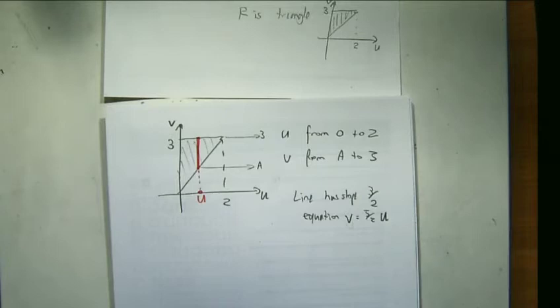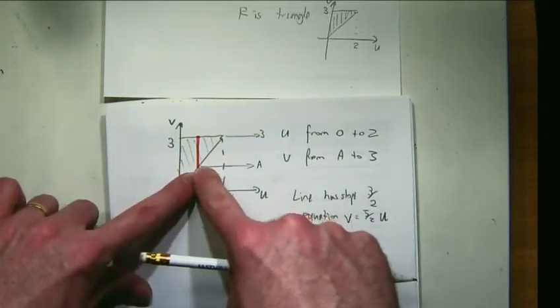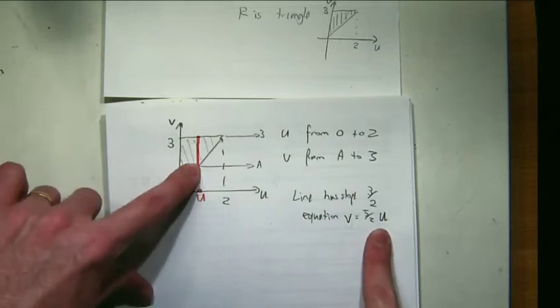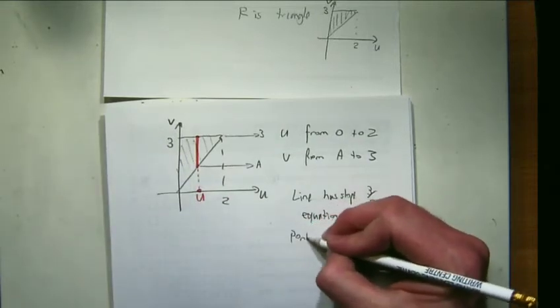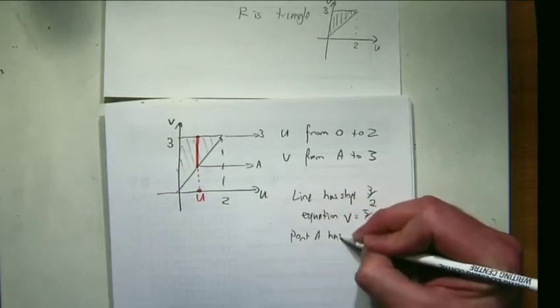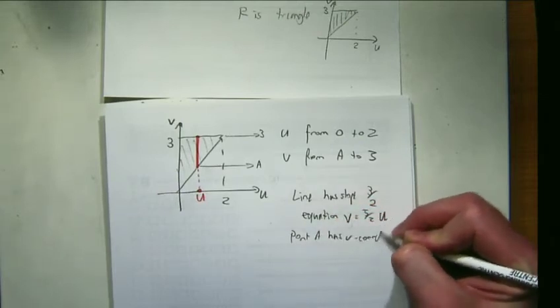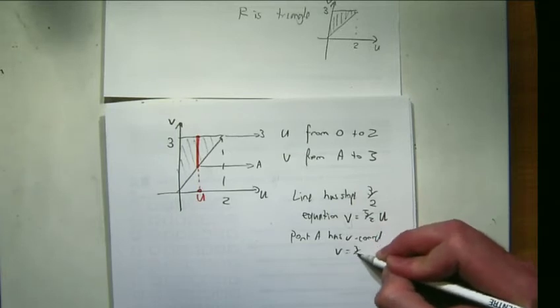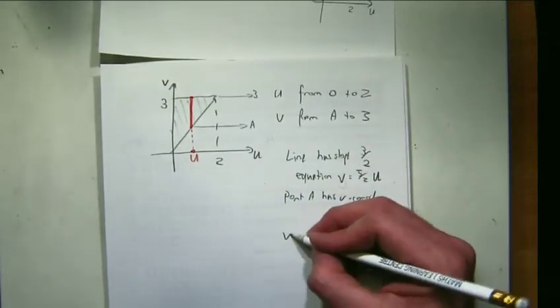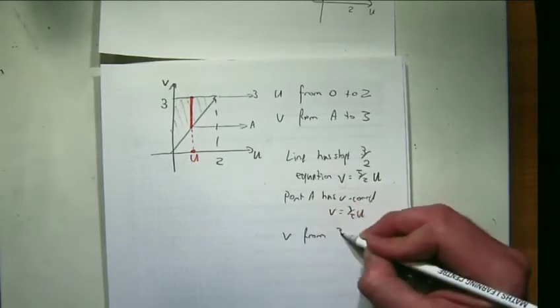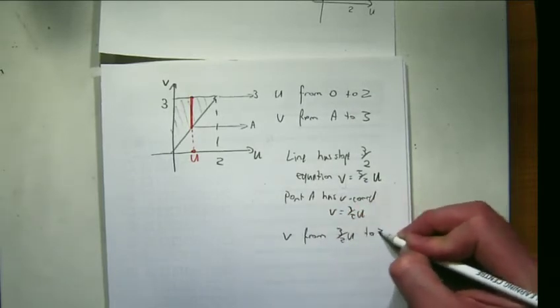All right, and so therefore this height here is 3 on 2u because it's on the line. Point A has v coordinate v equals 3 on 2u. So what I have is that actually v from 3 on 2u to 3.